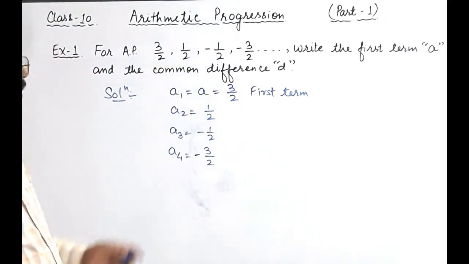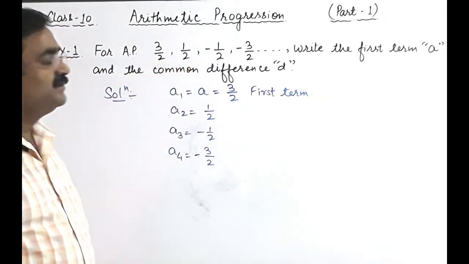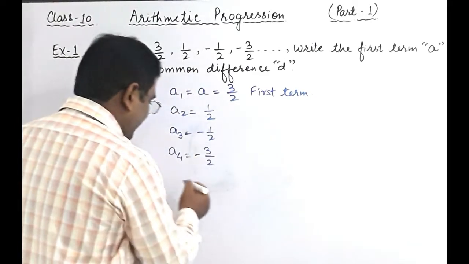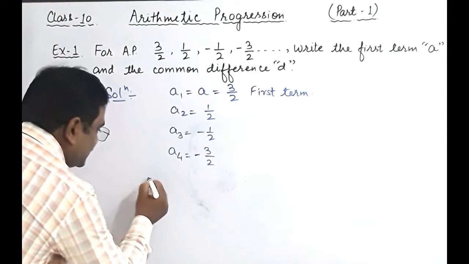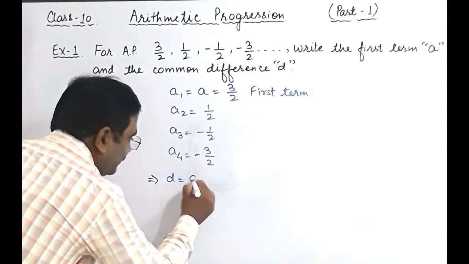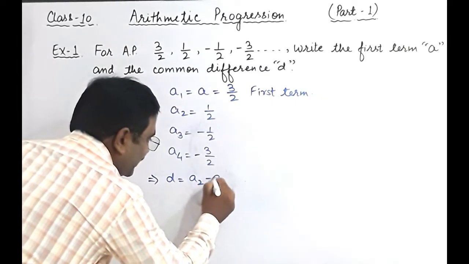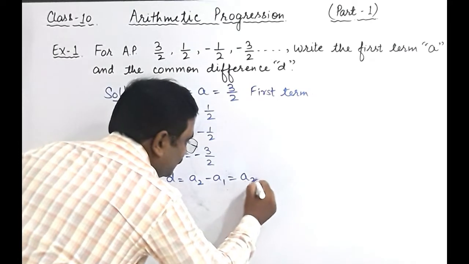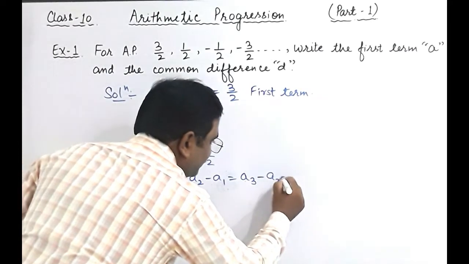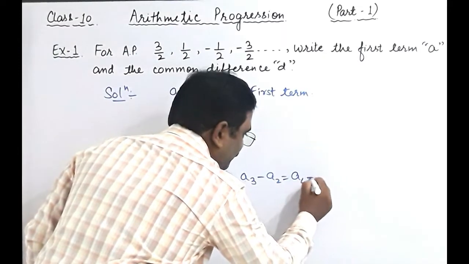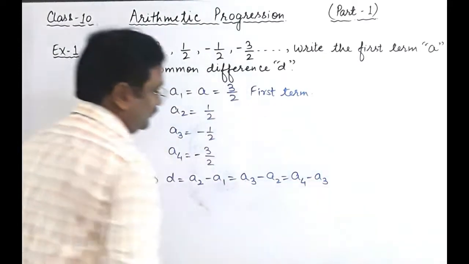Accordingly, the question is asking to find the common difference d. To find the common difference d, as we have read, it can be obtained by second term minus first term, or by third term minus second term, or by fourth term minus third term.